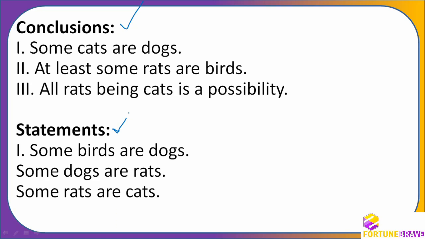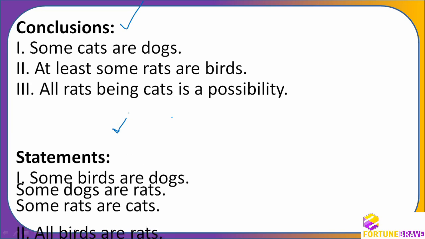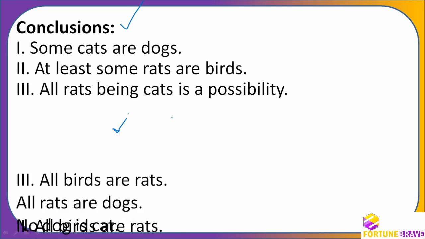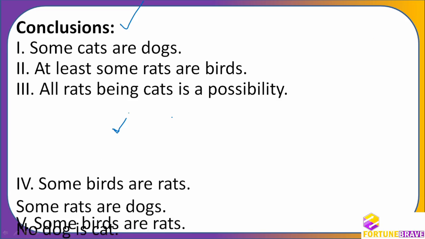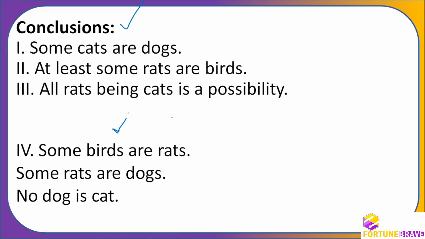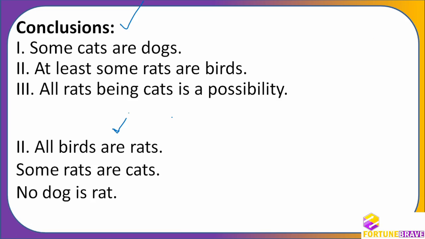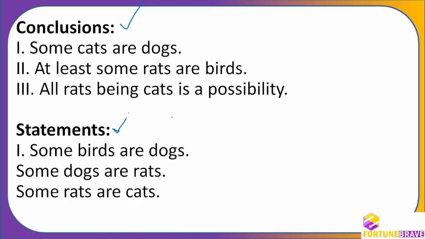There will be 5 sets of statements. The first statement is in front of you, and I am going to show you all the other statements, and then we are going to solve.